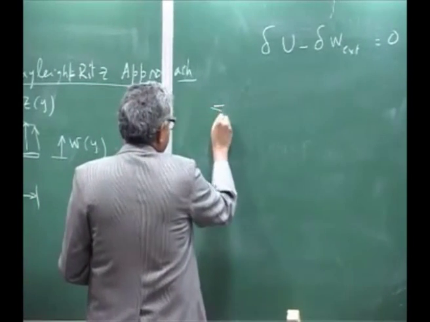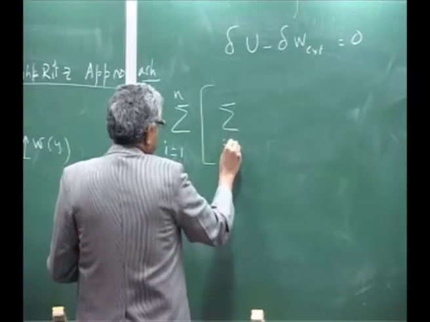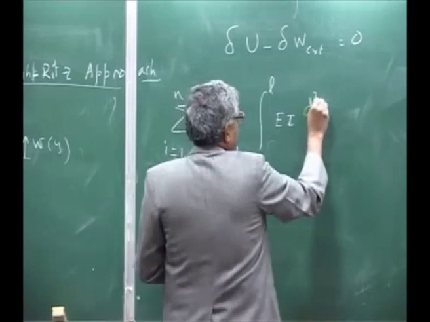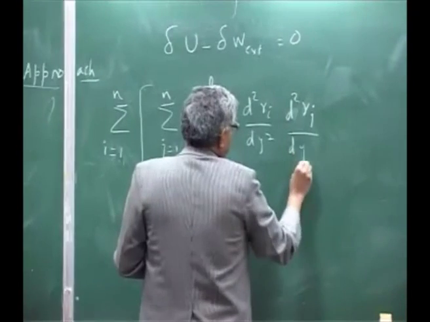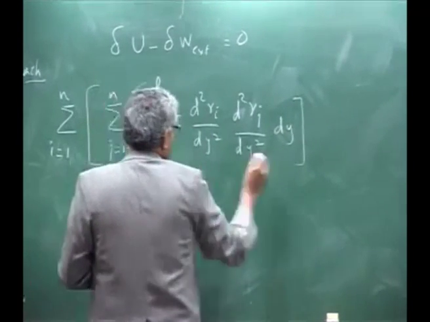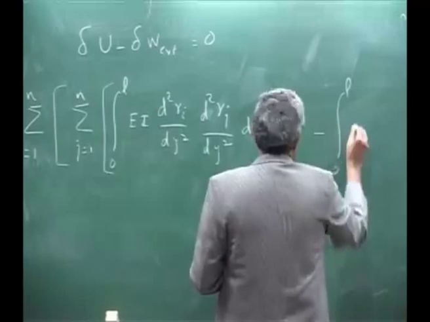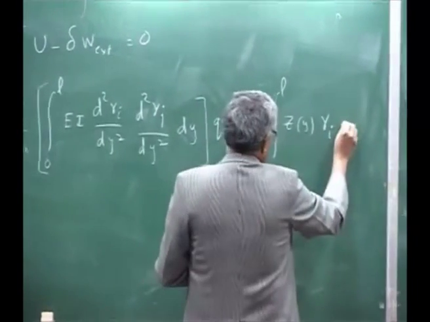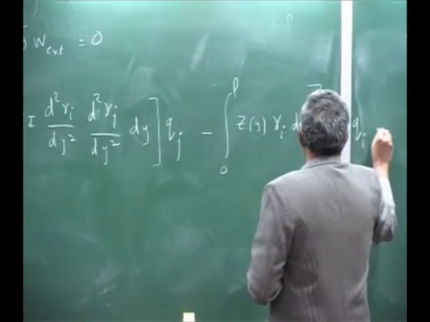So I am writing summation i running from 1 to n, opening a big bracket, summation j running from 1 to n, integral 0 to L, EI d square gamma i over dy square, d square gamma j over dy square dy, into q_j, minus integral 0 to L z y gamma i dy, delta q_i equals 0.